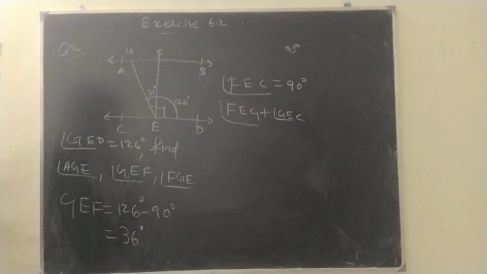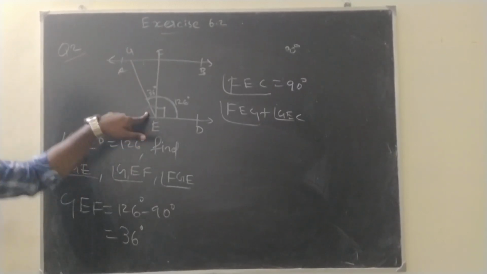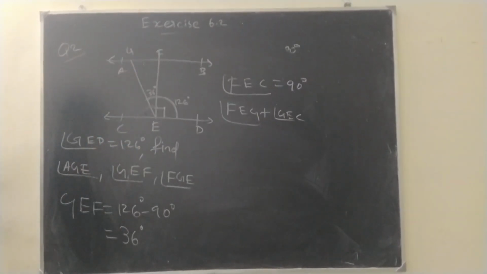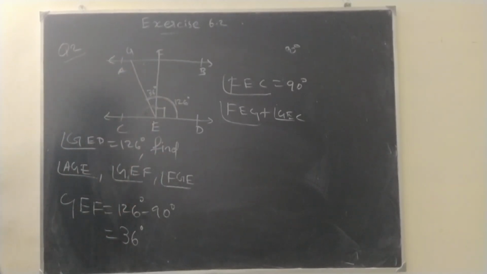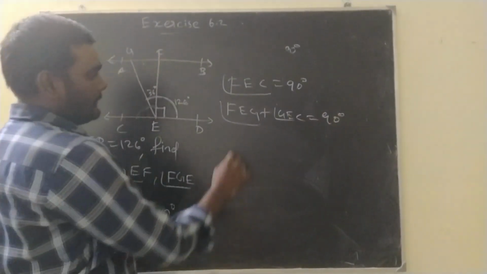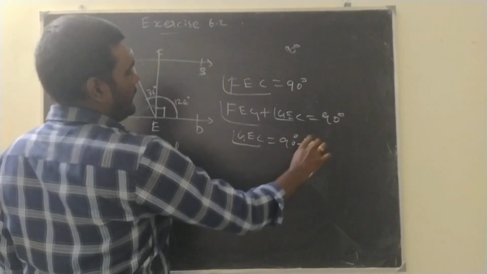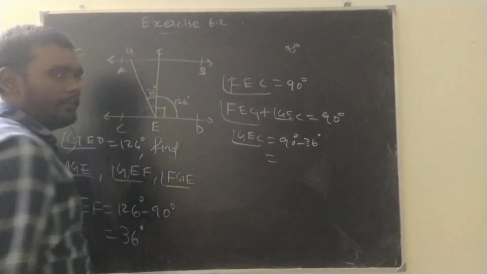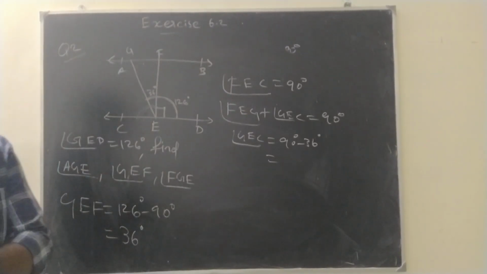Do we have to find GEC? No. FGE we need to find. Oh, this half we need to find. If we find this half means those two are equal, because these parallel lines, this is transverse. So GEC, that is equals 90 degree. So we have our GEC as 90 degree minus 36, which is 44. 44 only, right?